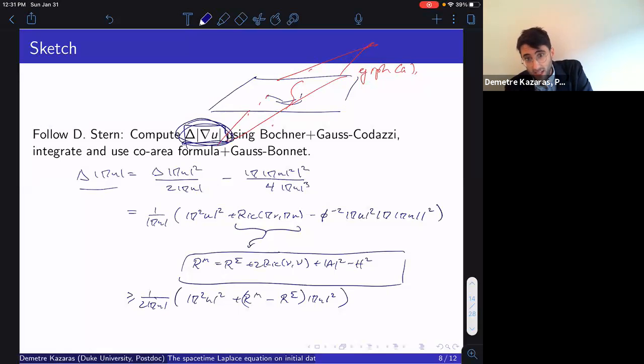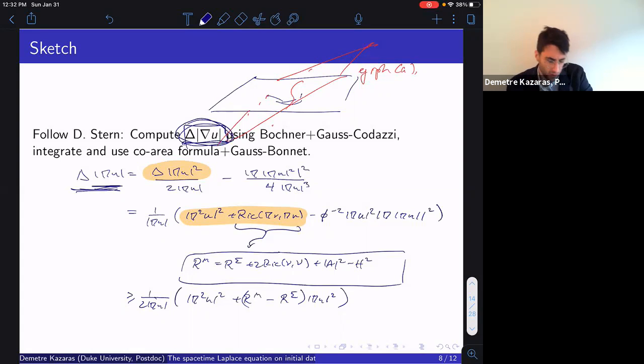Okay, and let's see how that plays out here. So you compute what this is. If you're familiar with the Bochner formula, it will compute for you the Laplacian of the norm squared of the gradient of a harmonic function in terms of its Hessian and the Ricci curvature of the underlying manifold in the direction of the gradient of your harmonic function. So what I've highlighted in orange here is the Bochner formula.